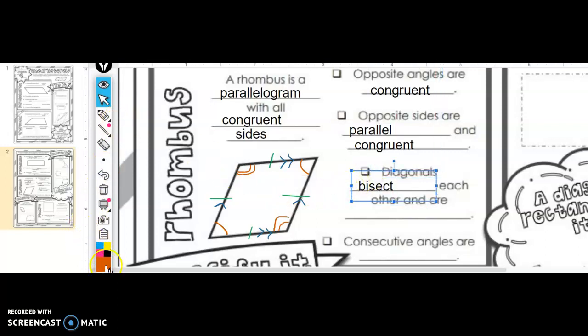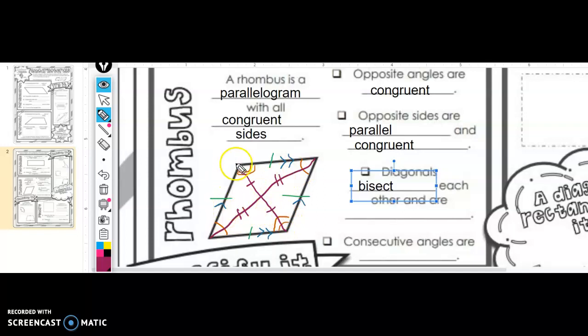Okay, so if I draw that in there, we use the dark red one. So diagonals bisect each other. If I connect the points that make diagonals, so this piece equals this piece, and this piece equals this piece.